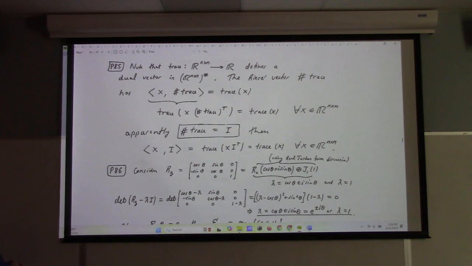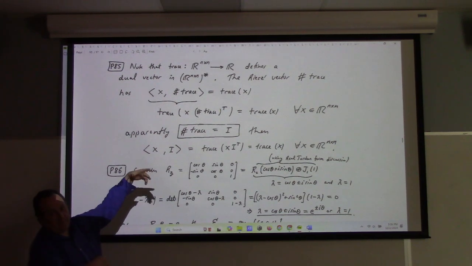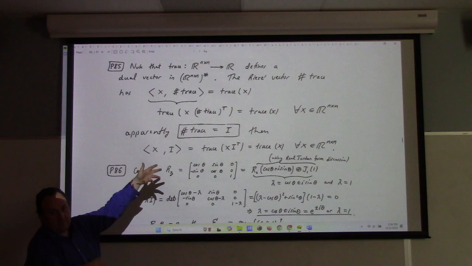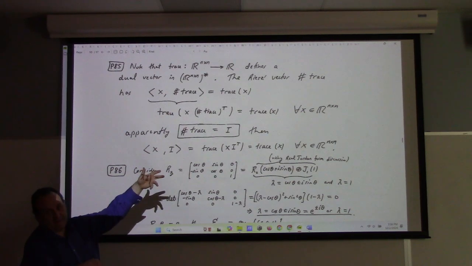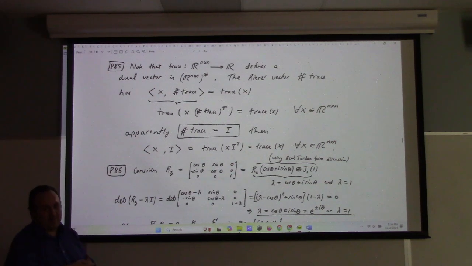So the formula I need to solve is x times the transpose of the Riesz vector equals the trace of x. Well, how can I make that happen? I just make it the identity matrix, right? So I didn't do a calculation here. I just said it's the identity matrix.